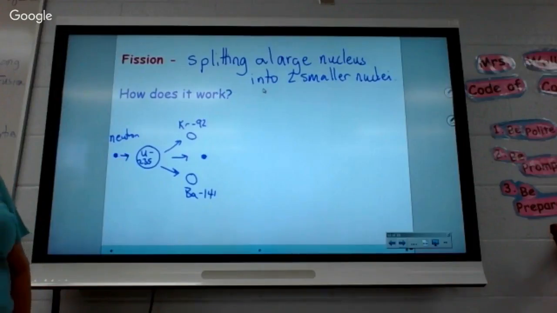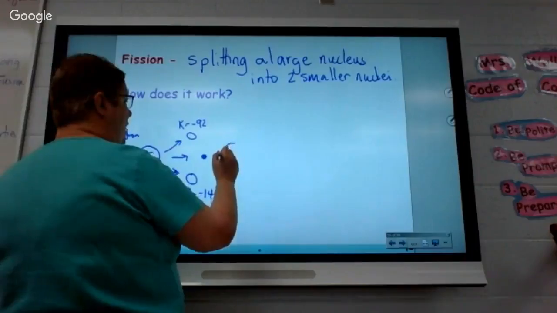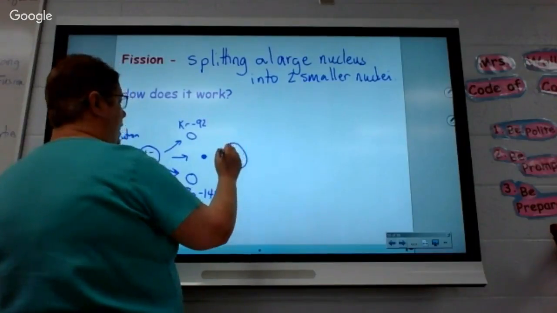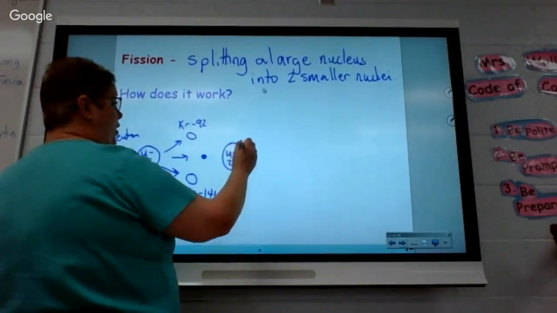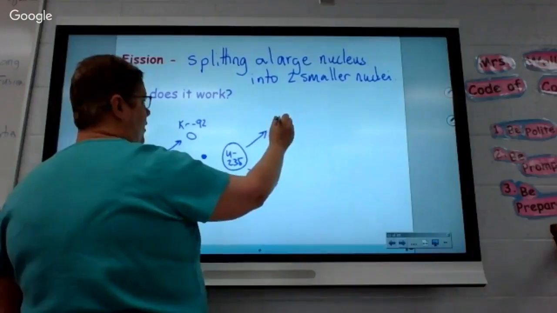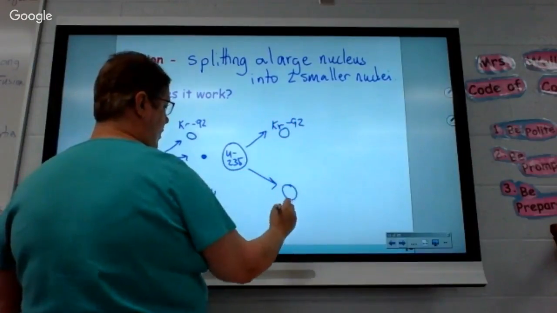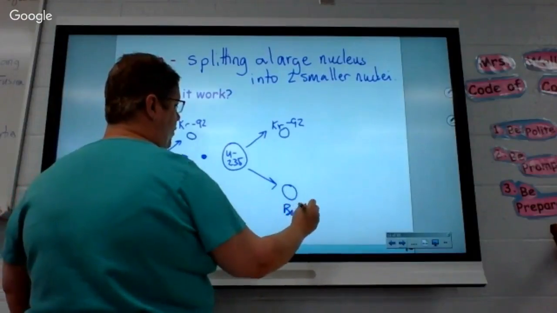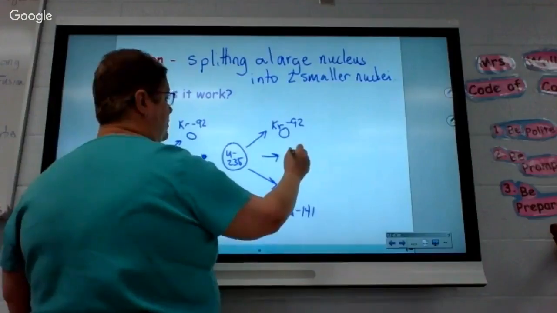Now, this neutron that it makes is going to strike another uranium-235. That uranium-235 is going to create another krypton-92 and another barium-141 and another 3 neutrons.